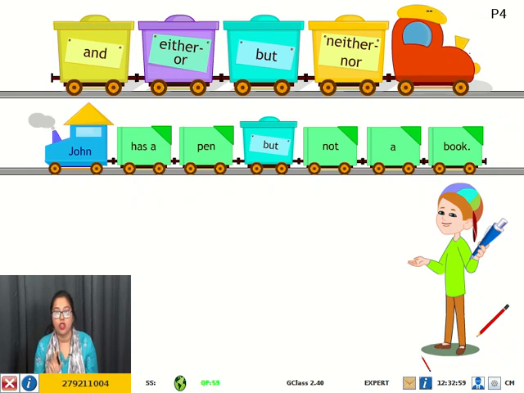That means now John neither has a pen nor does he have a book. Yes or no? Yes. And in the fourth sentence, we picked up but. But always means a condition. So whenever we speak of a condition, there is always but in a sentence. Okay. So have a look. John has a pen but not a book. So he has a pen but he doesn't have a book. Okay. So that is how the connectors change the sentence.